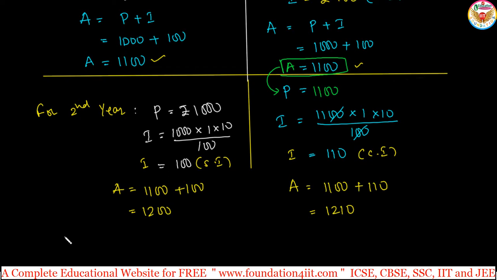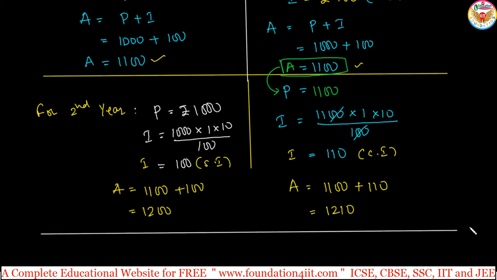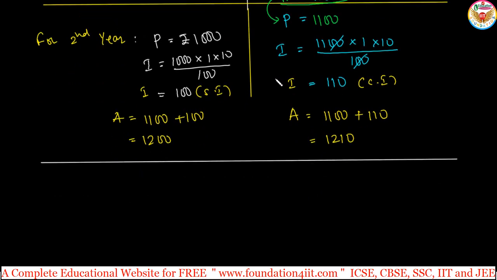Now we'll calculate for the third year. If you observe, for the third year, the P value will again be the same. P has not changed, rupees 1000.